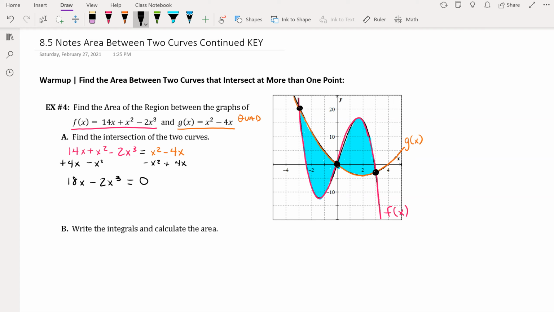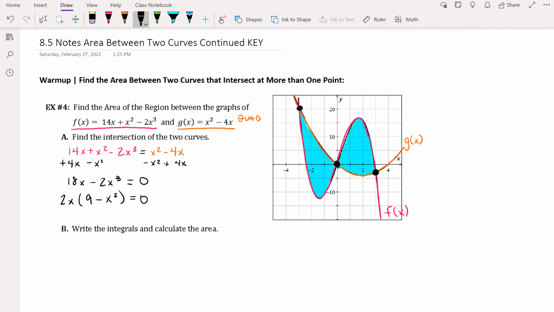All right, once you set it equal to 0, you factor to solve a polynomial. So I can factor a 2 and an x out, and we get 9 minus x squared equals 0. Oops, I said 3 because I'm already seeing something about that 9 minus x squared. You could also flip this and make it negative.